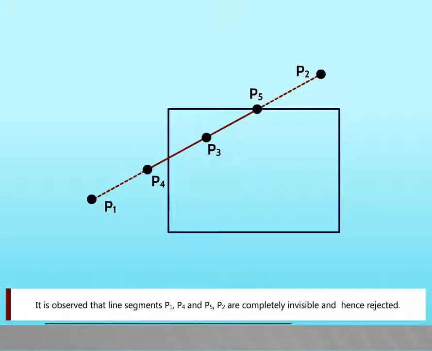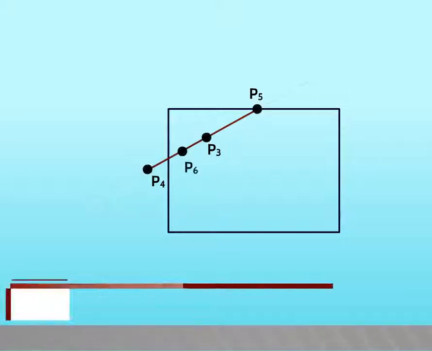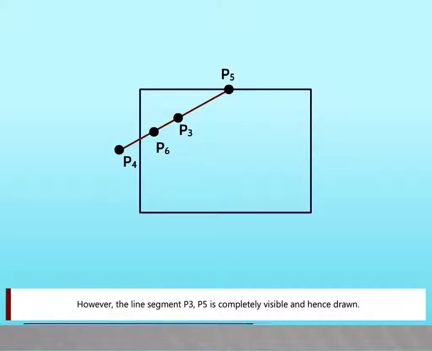It is observed that line segments P1, P4 and P5, P2 are completely invisible and hence rejected. However, the line segment P3, P5 is completely visible and hence drawn.